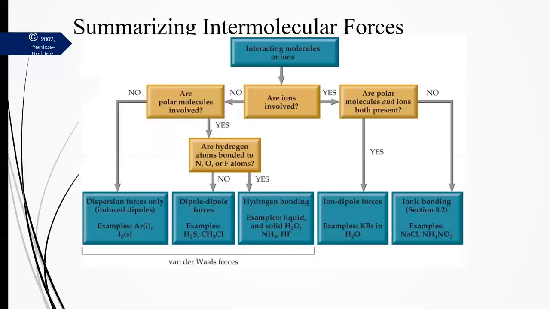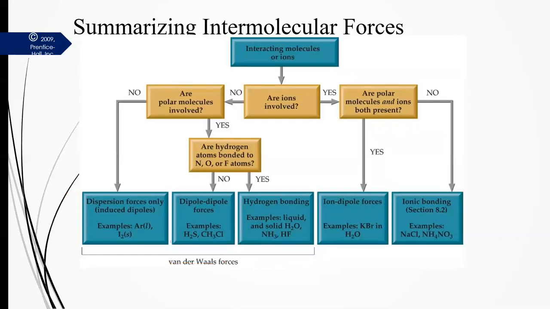So in summary, when we're looking for our intermolecular forces, what you're looking for is: is your molecule polar or nonpolar? If it's nonpolar, then you get the London forces or your dispersion forces. If it's polar, then you can have a dipole-dipole. If there's a hydrogen connected directly to nitrogen, oxygen, or fluorine, then we can have hydrogen bonds.